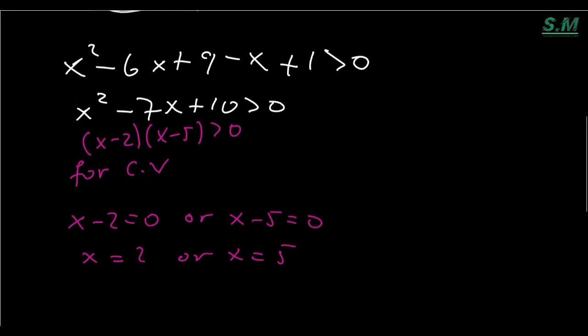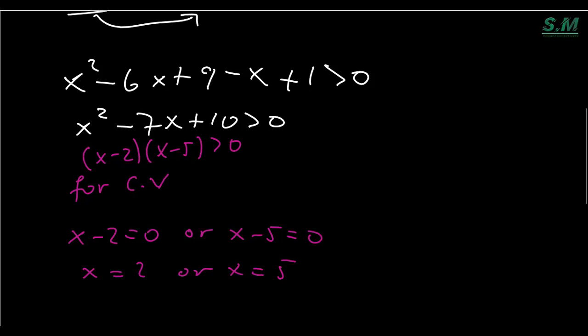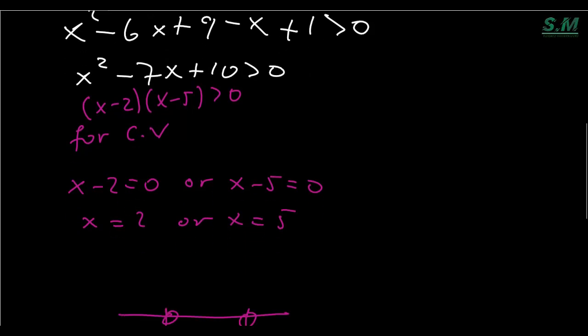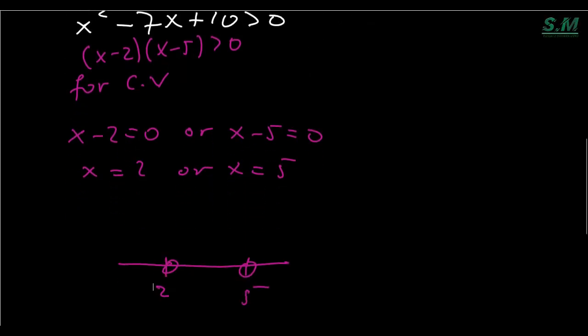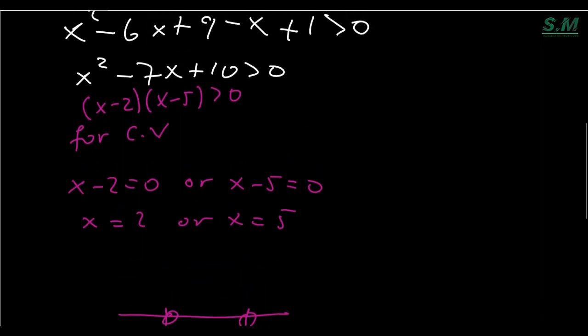The next thing we do is test the signs. If I take a value between 2 and 5, let's say 3, and plug it into x minus 2 times x minus 5, 3 minus 2 is positive and 3 minus 5 is negative, so the sign of this expression will be negative in this region.